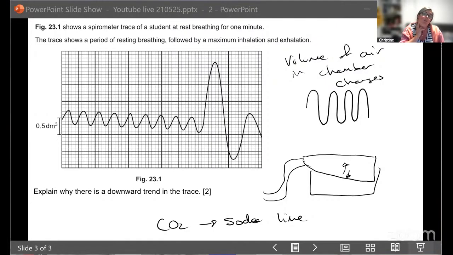Some people do talk about doing it at the carotid artery, but you've got to be careful if you're trying to feel your pulse up here because you don't want to cut it off for too long. So always go to your wrist first to work out your heart rate. We're actually talking about your breathing rate here.